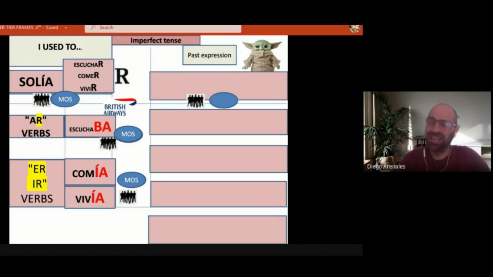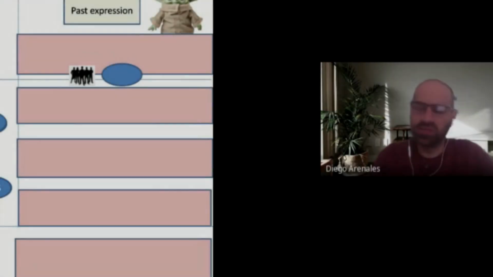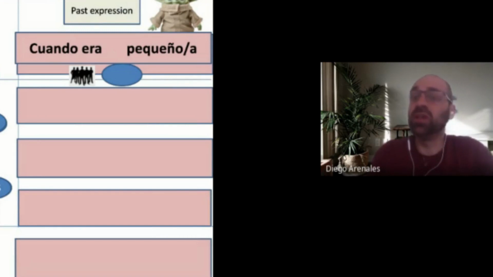And then, what's really important is the past expression that goes with these verbs. Normally you will say you used to do something when you were little: cuando era pequeño, or cuando era pequeña, when I was little. If you're a girl, pequeña.